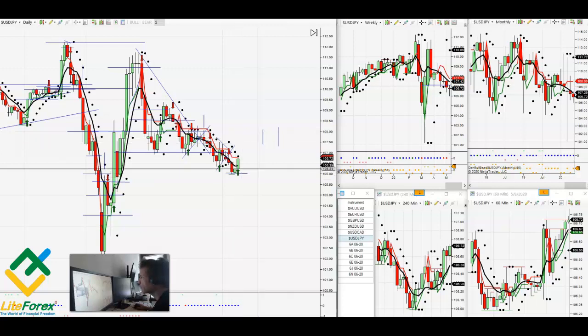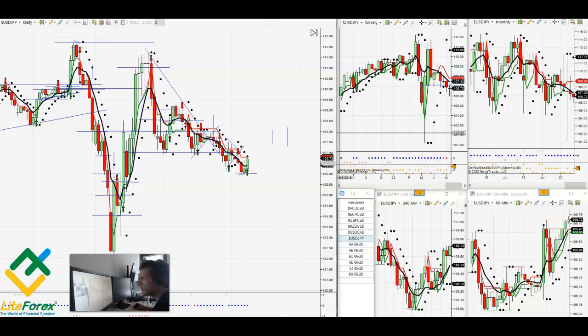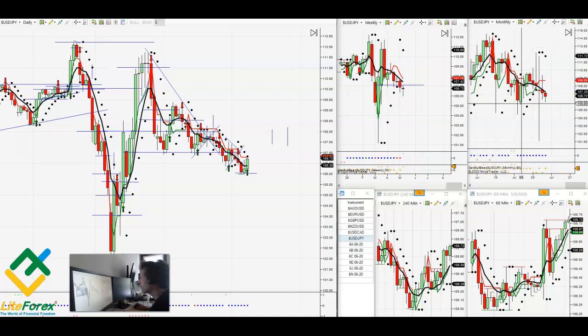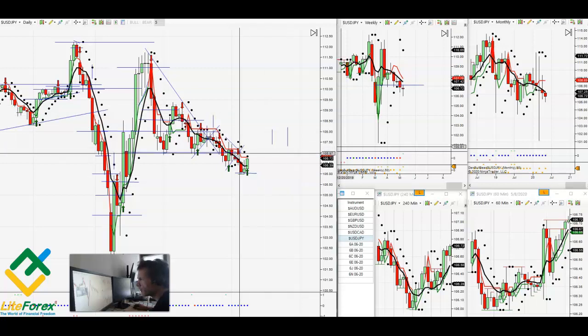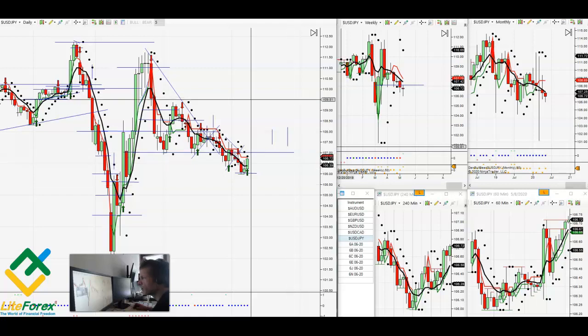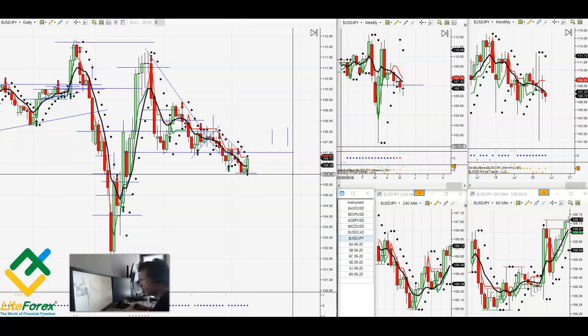Now we have to make sure that this isn't just a rebound like here and here on this downtrend. But I like the fact that it hit 106, and the weekly chart is looking like we could get more upside, but I'd like to see this above 107. If this can close above 107 next day, then that would be interesting. I think it could go higher from there.